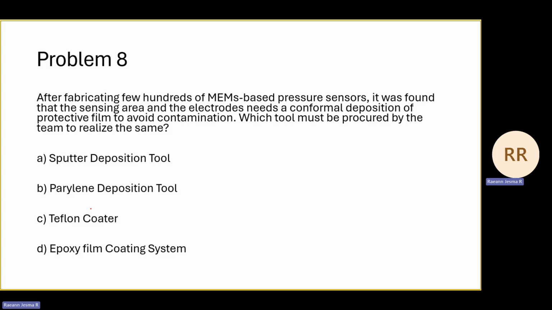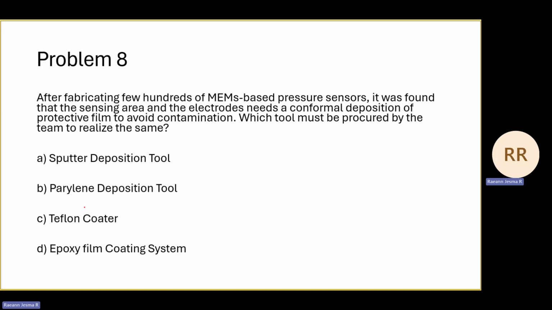That is the same thing as passivation. We are doing passivation, and which tool can we use to do the passivation? You would have learned about different deposition techniques, like physical vapor deposition and chemical vapor deposition techniques. We also learned about ALD, atomic layer deposition.